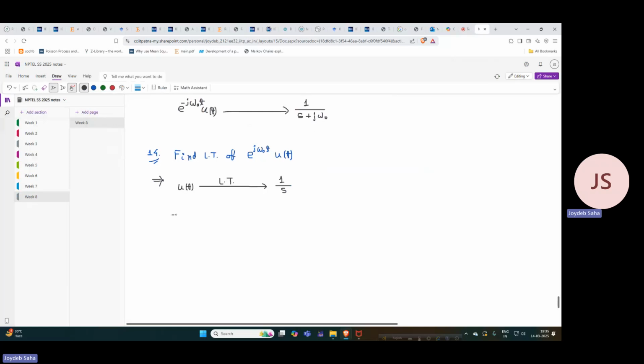So e to the power j omega 0 t u(t), its Laplace transform will be 1 upon s minus j omega 0.